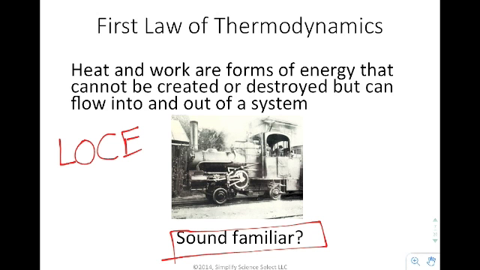In this case, it's saying you have a system. Here's my system. The energy in the system is constant unless you allow energy to go out of the system. That's the only way the energy can change, or if you put energy into the system. In other words, you can't create energy from nothing, you can't destroy energy, but you can let it into and out of the system.